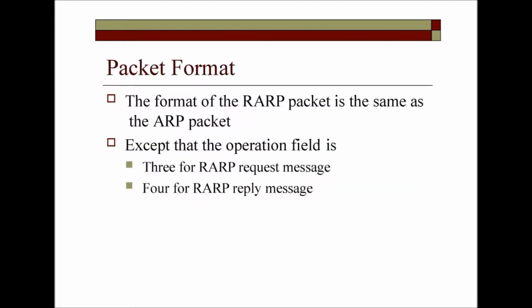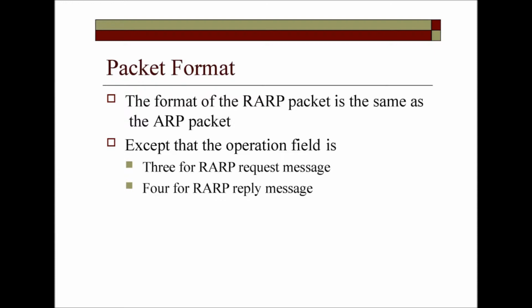Packet format. The format of the RARP packet is the same as the ARP packet, except that the operation field is 3 for RARP request message and 4 for RARP reply message. In the previous lecture we have studied the ARP packet format and its different fields.